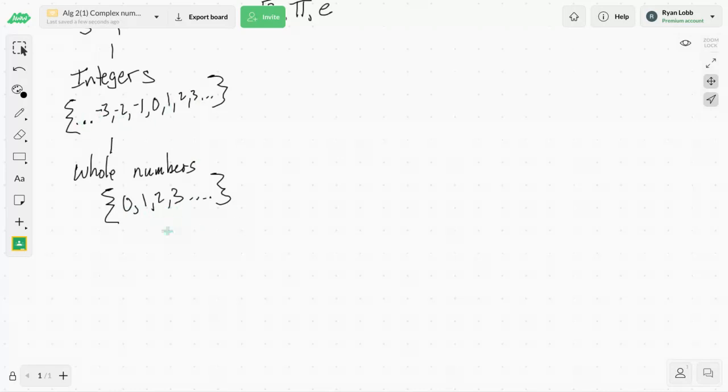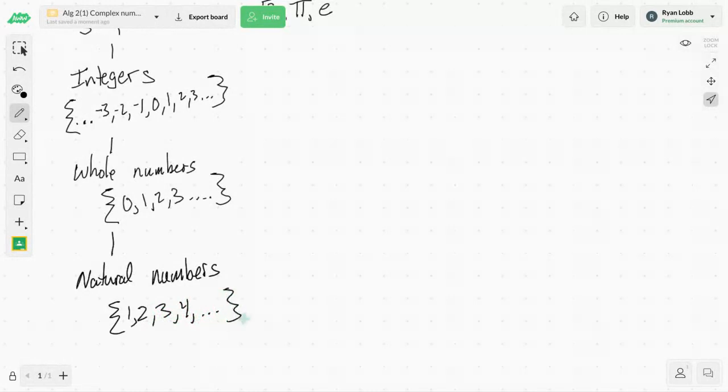So positive and negative whole numbers. Below whole numbers, last we get to the natural numbers. Natural numbers are simply what sometimes are referred to as the counting numbers. If I said start counting, you would naturally start 1, 2, 3, 4, 5. So those are your natural numbers.